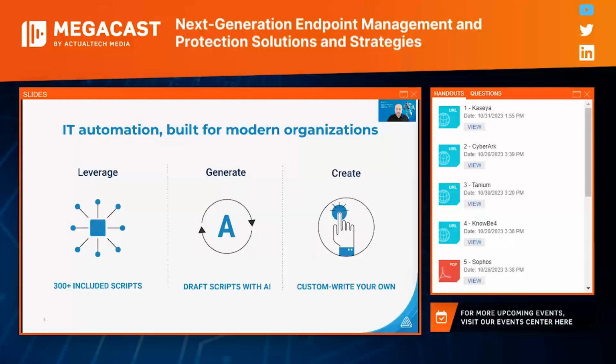It's not something that is easy to do today, and you need a single point to be able to push those scripts, and not just for PowerShell, but for Bash as well, for Mac OS and Linux. You need to be able to leverage an existing catalog, generate scripts easily, and then also create custom scripts of your own. And so we support each of those models simultaneously.